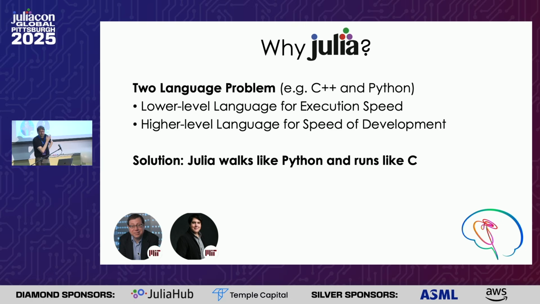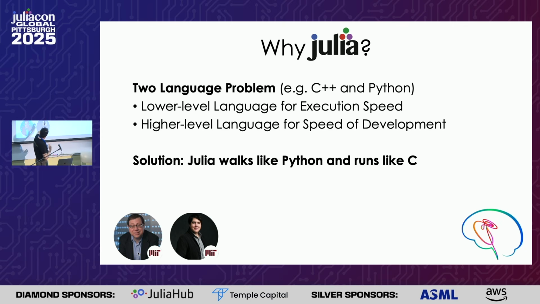Okay, so why Julia? We decided three years ago when we started this project that we would use Julia, because Julia has just the structure that we needed for our project. It's very fast. It's a high-level language.